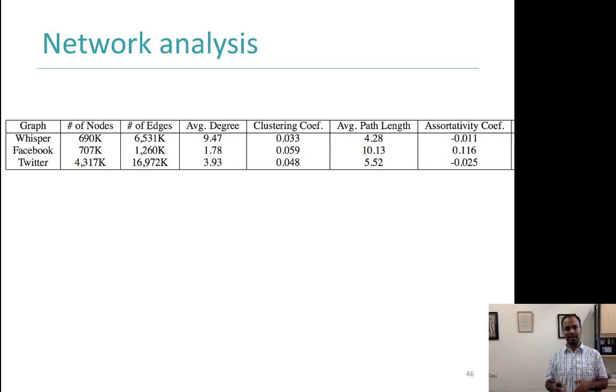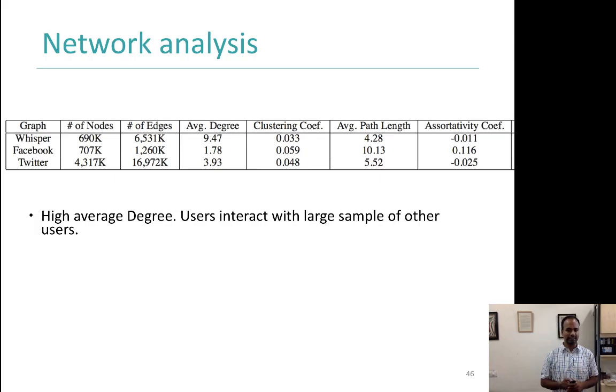I'll go through average degree, clustering coefficient, and the rest and tell you what this means. First, if you look at column 4, which shows average degree, the average degree is very high for Whisper compared to Facebook and Twitter. What does it mean?